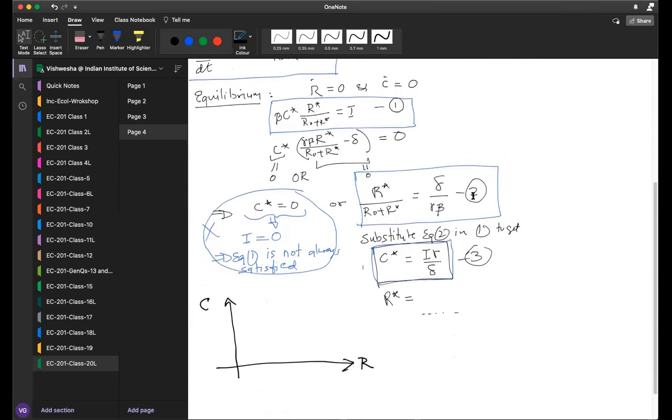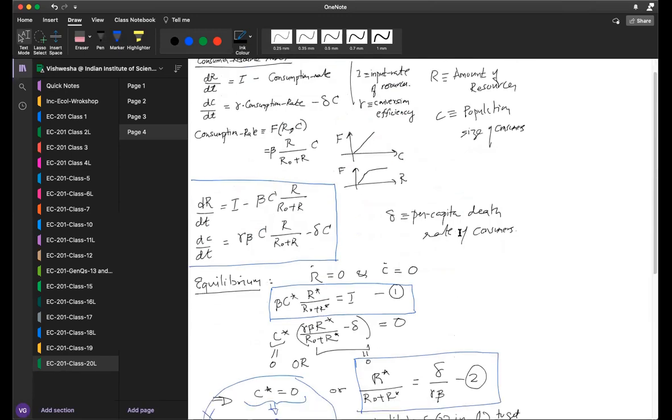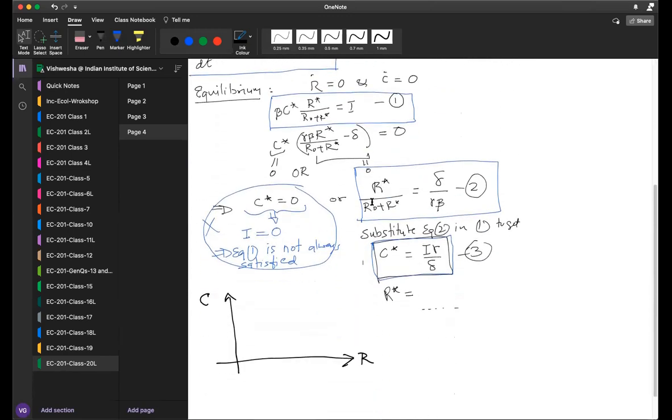The other null line is equation number 2, which is this hyperbolic equation, where delta is a constant. If you plot these two, you will find an intersection point, and you should be able to find whether it is stable or not. I'm not going to do that because I will probably get this wrong if I try it now, but you should be able to do it.